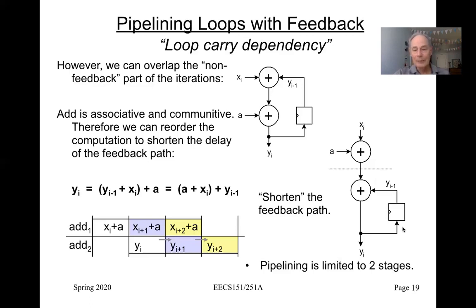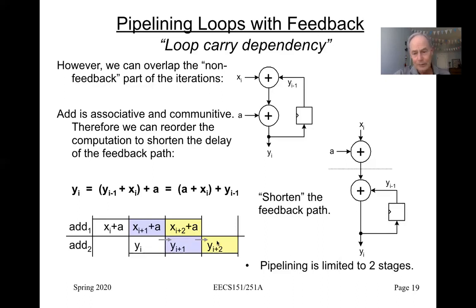So that helps by pulling out the non-feedback part of the computation. And then the computation graph looks like this. On one clock cycle, we can do x sub i plus a. And on the next clock cycle, we can start the next version of x sub i at the same time, and we can do this add operation with the feedback, right?